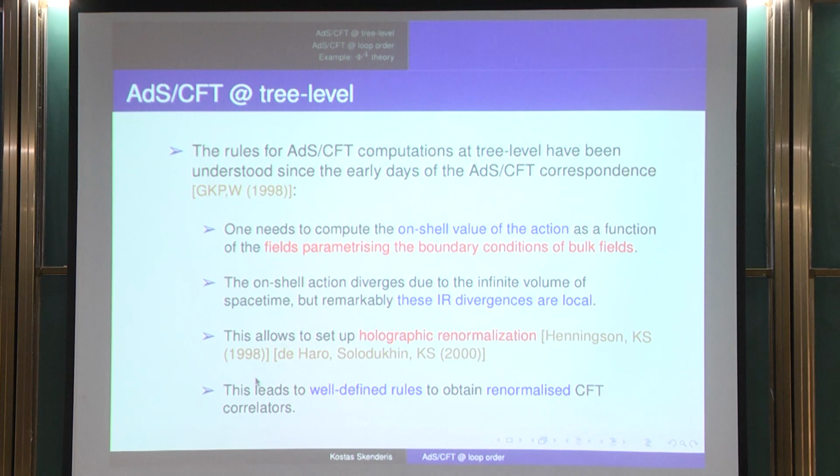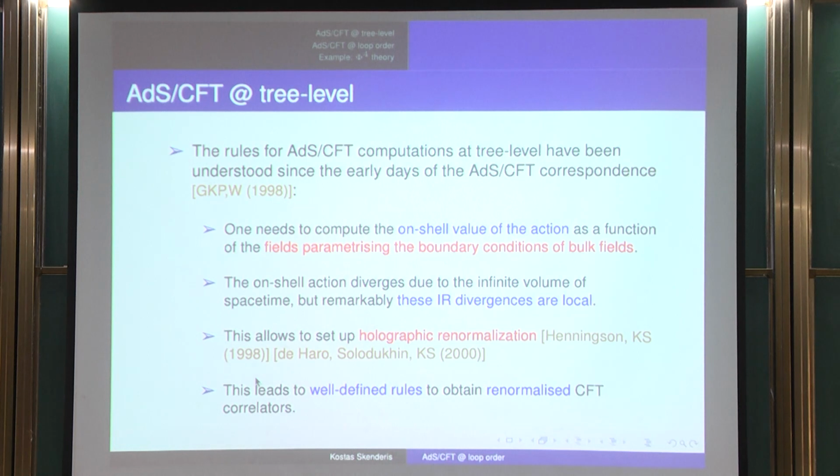The rule says that one is to compute the on-shell value of the action as a function of the fields which parameterize boundary conditions for bulk fields. We'll discuss in slightly more detail later on what this means. Now, it turns out, if you actually try to do this computation, that the on-shell value diverges. And that makes sense because this is the bulk integral over a spacetime which is non-compact.